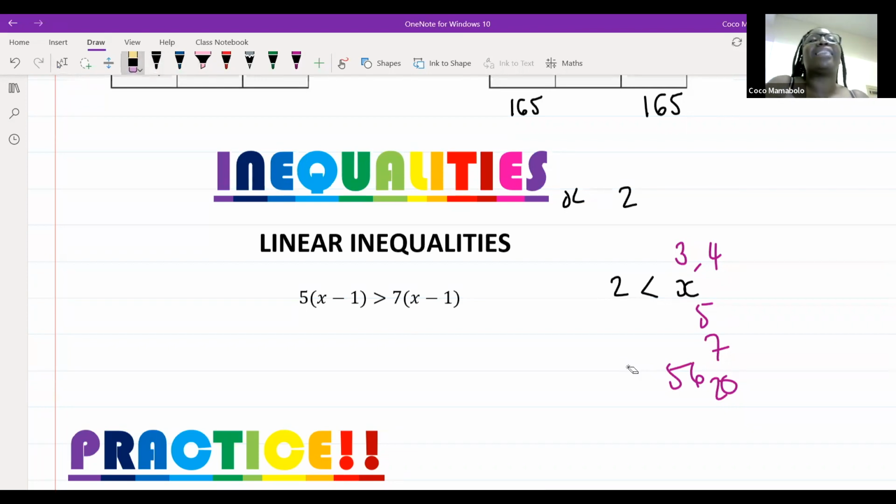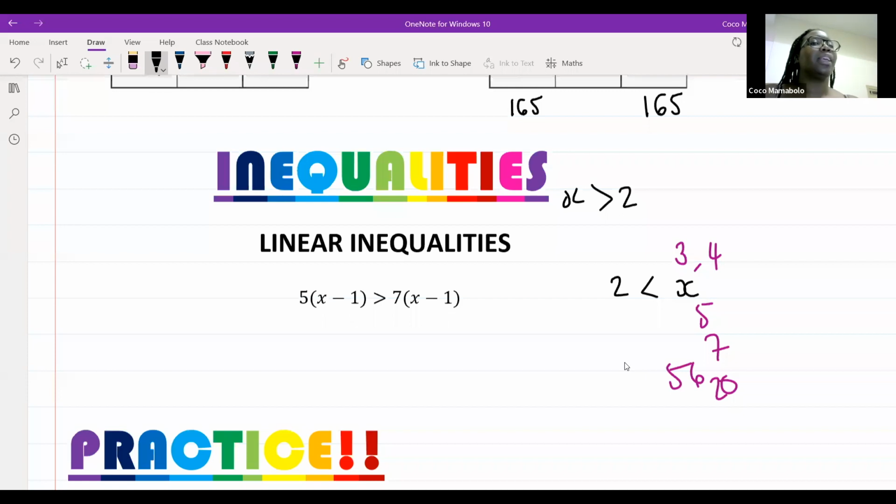But if I say that x is greater than 2, or less than 2 in this case, I'm talking about many, many, many numbers. We can't talk about just one number. And that's the only difference between linear equations and linear inequalities. That's it.